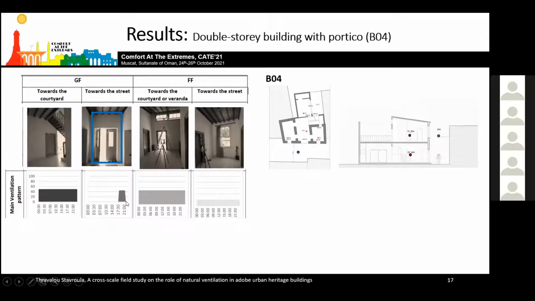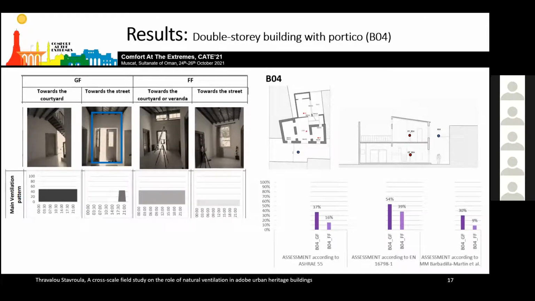The first floor portico was operated in cross ventilation mode, yet the upper windows towards the veranda were closed. The particular pattern resulted in a very poor performance, with a percentage of comfort ranging from 30% to 54% for the ground floor portico and 9 to 39% for the first floor portico.